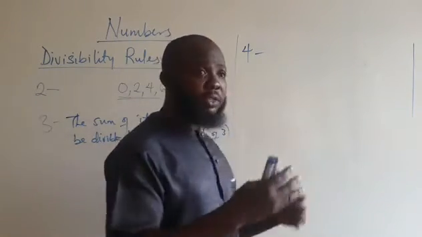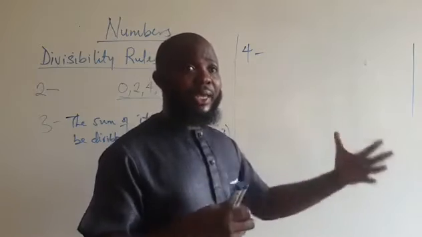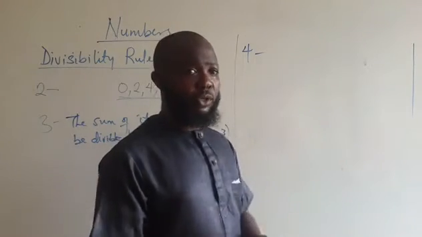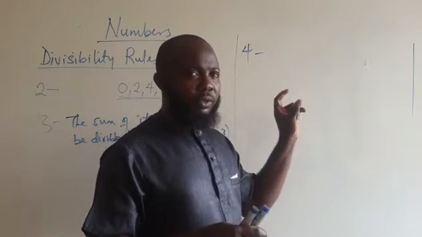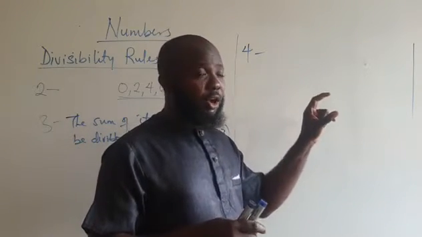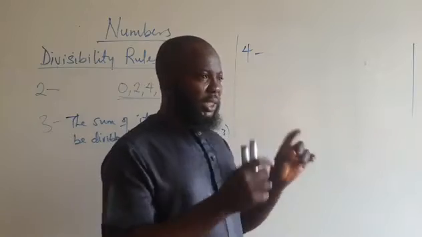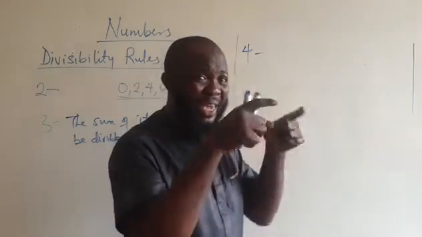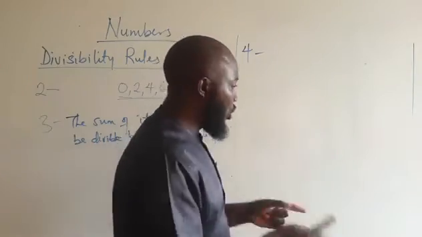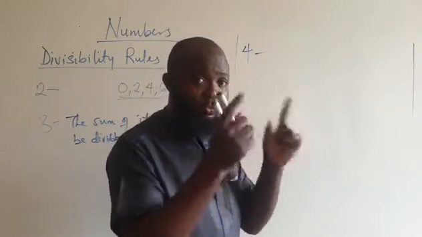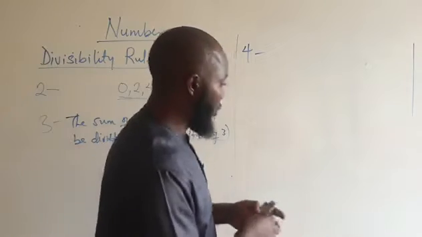But if you have a large number, you want to decide if 4 can divide it or not, this is the rule. The last two digits of the number, if they form a number that 4 can divide, then the whole number is also divisible by 4.